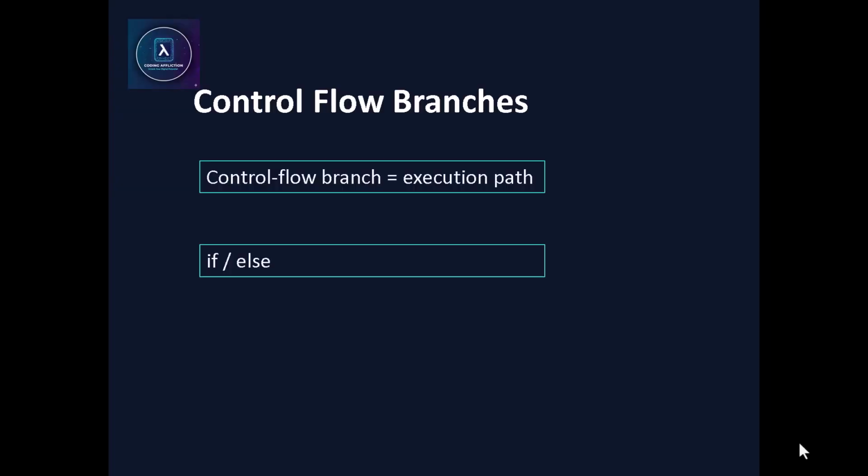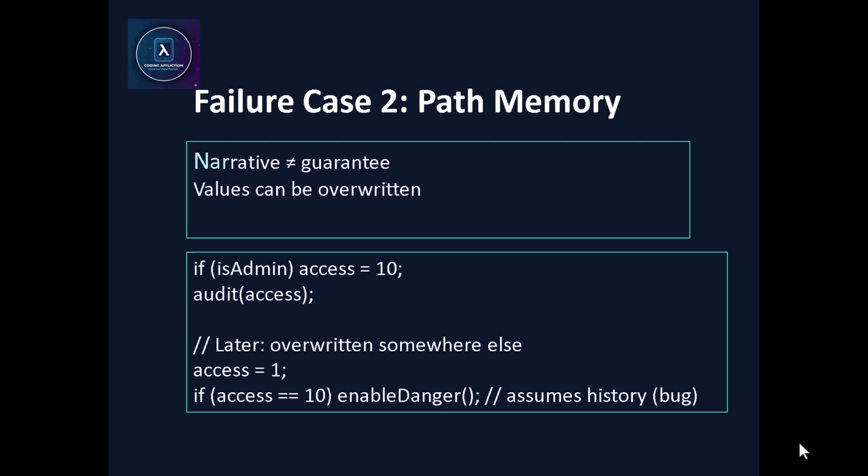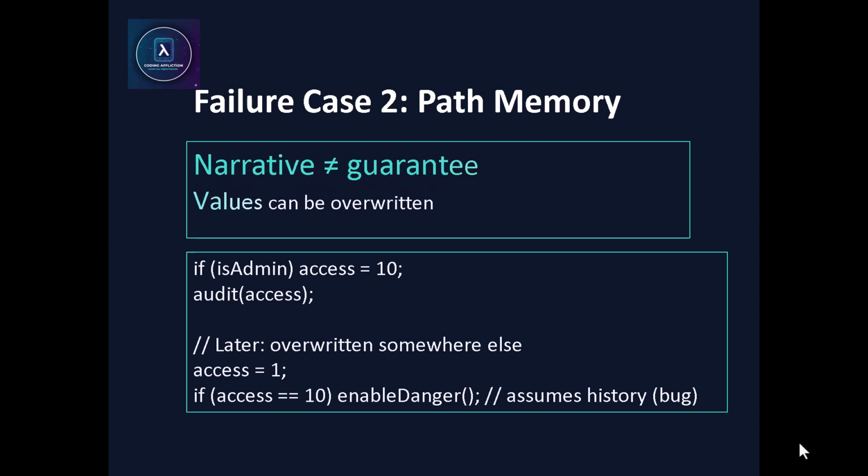A control flow branch is simply the moment execution chooses one path over another. The CPU does not carry a tag like I came from else. It just continues with whatever state exists. Here's a tempting thought. If axis equals 10 later, that proves we went through the admin path. That's a story, not a guarantee.